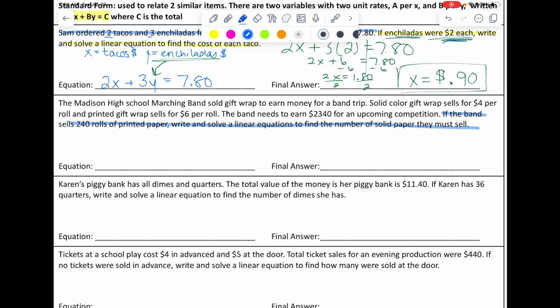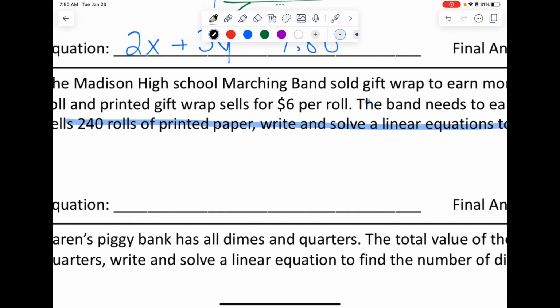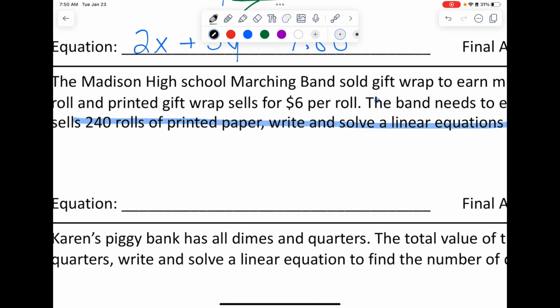And the solid gift wrap is $4 per roll and the printed gift wrap sells for $6 per roll. So that's the clue that we're looking at standard form here. So again, you can use S for solid and P for printed, but I'm just going to use X and Y. So X, I'll let that be the solid gift wrap, and Y would be the printed gift wrap.